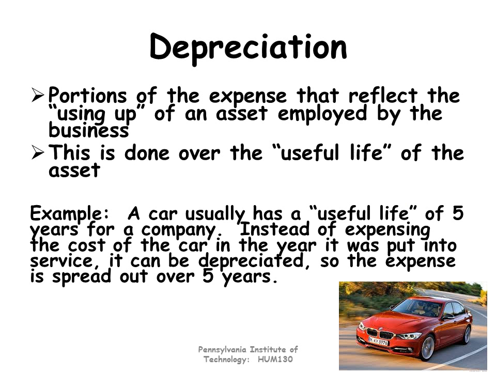Another element that is important to understand, and we talked a little bit about this the first week of class, is something called depreciation. Depreciation are portions of the expense that reflect the using up of an asset employed by the business. In other words, you buy a car, it comes off the lot with 3 miles on the odometer, and after 5 years, you've now worked it up to 100,000 miles.